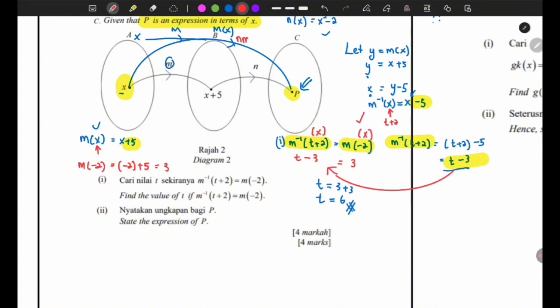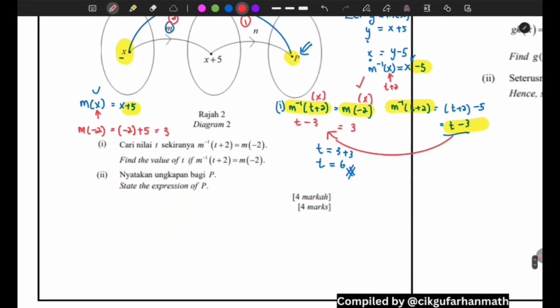So the function is nmx. nmx. Always go from this one to this. Don't say mnx. I know you cross the m and then n, but when you name, you will go terbalik, nmx. So nmx, how do you do this?